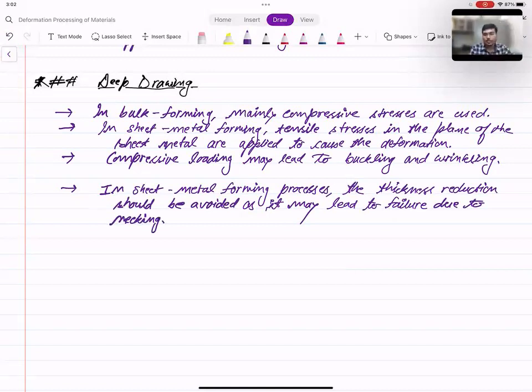These were some important points to be kept in mind while performing sheet metal forming operations.